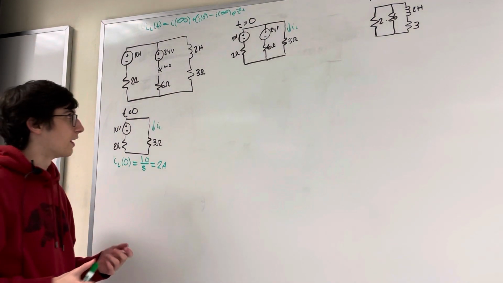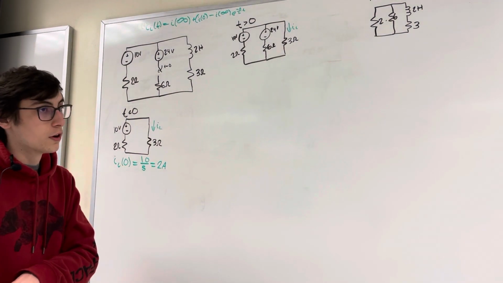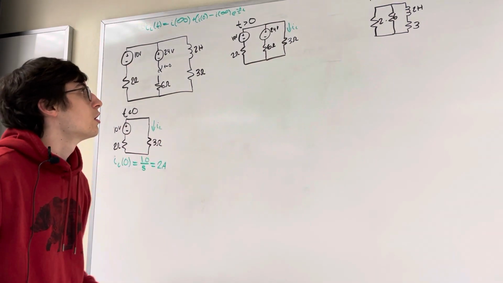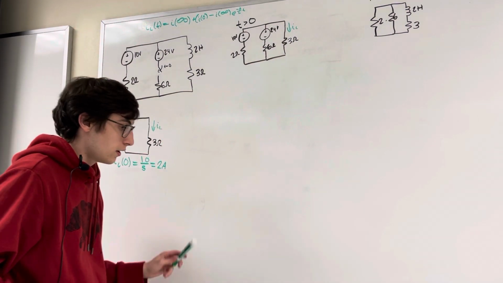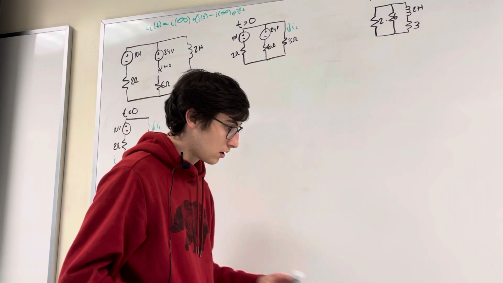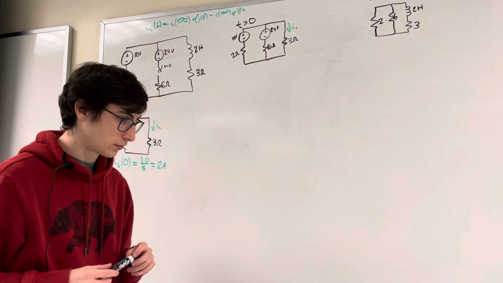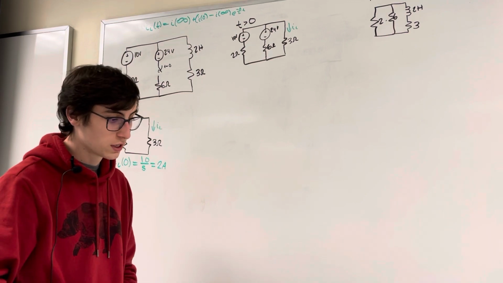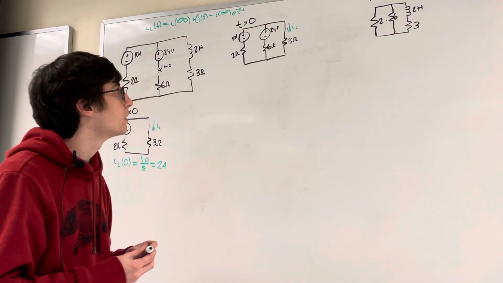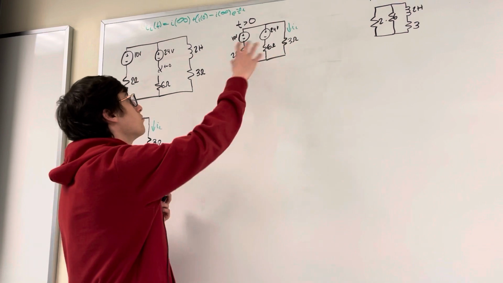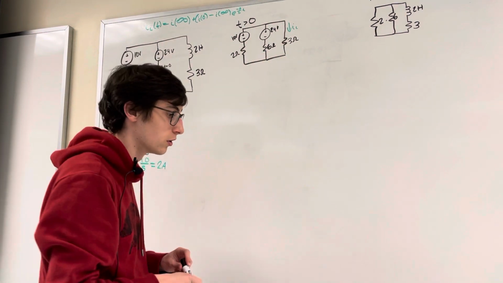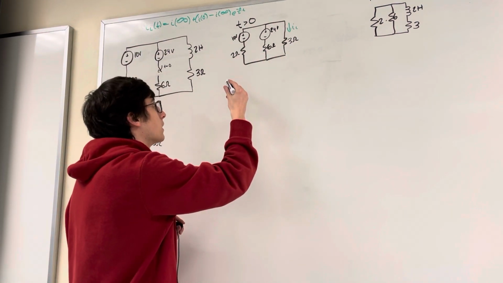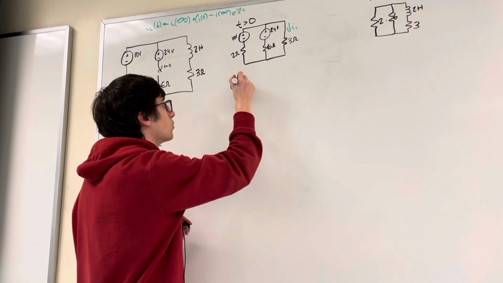So now that we have that, we're going to move on to when time is greater than 0, which makes the circuit a little bit more complicated. I elected to use source transformation. There's probably an easier way to do this, but just to get rid of this messiness of current or voltage sources, I just want to make them all into current sources.